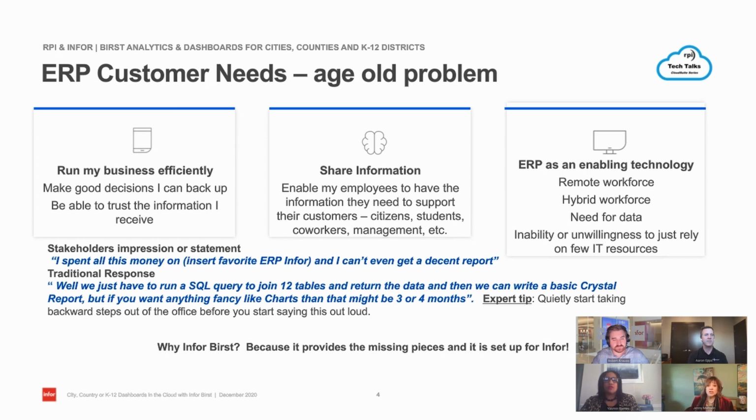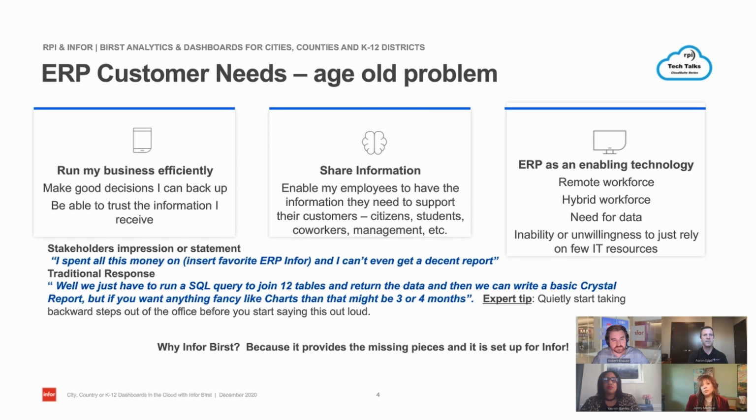I also want to be able to share information so that others in my organization can benefit from all of this data that we have to also be able to make decisions and support their jobs and assist their customers better, whether that be a student, a parent, a citizen, a fellow coworker, all of those folks.